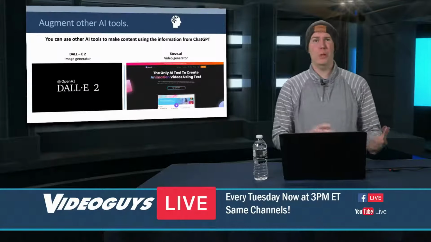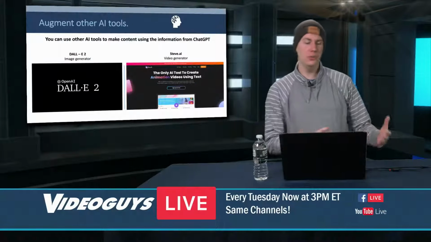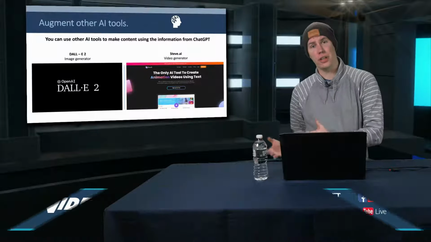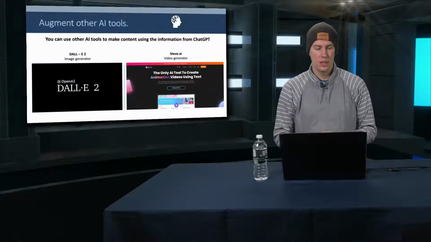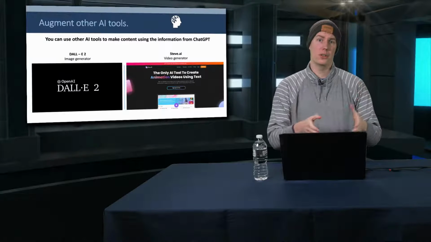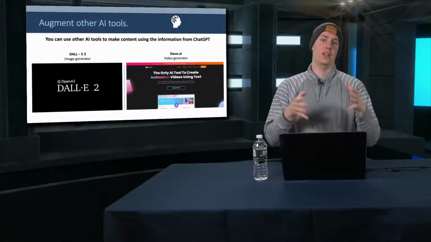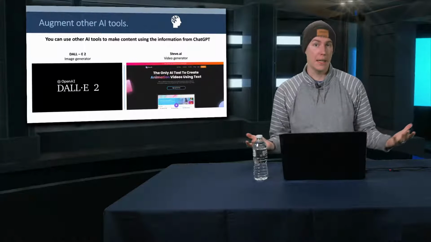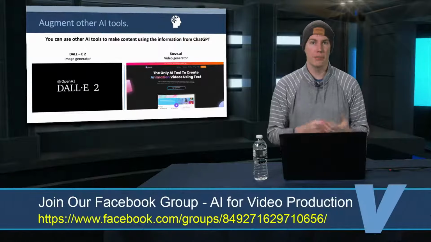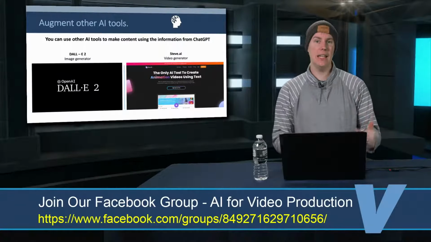So next, what kind of other tools can you use in addition to ChatGPT to help you in your productions? One thing that we are going to talk more in depth about is a Facebook group that we made just to talk about AI in video production. And for the banner for that, we needed an image.